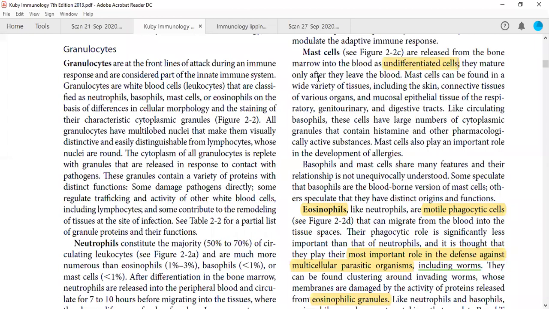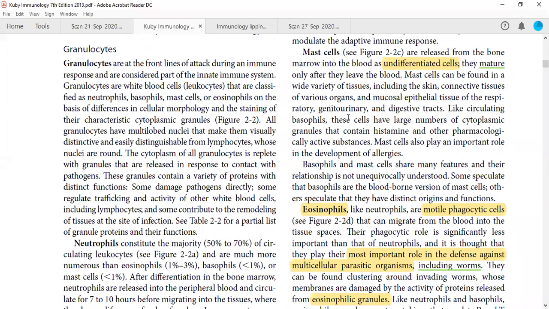They mature only after they leave the blood. So once they leave the blood and come into the tissue spaces, they will be differentiated and they will mature. Mast cells can be found in a wide variety of tissues, including the skin, connective tissue, various organs, and the mucosal epithelial tissue of the respiratory tract. Okay, so all the systems, all the tracts, the digestive tract, the urinary tract, all these tracts have these cells.